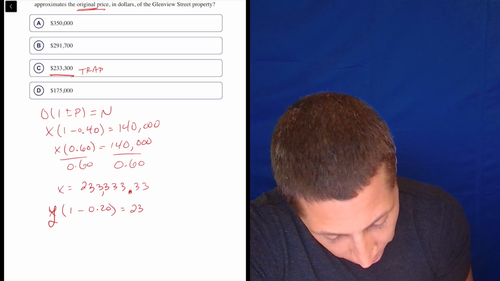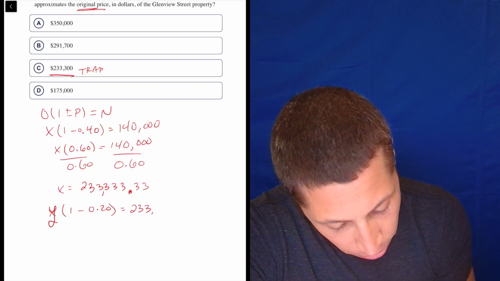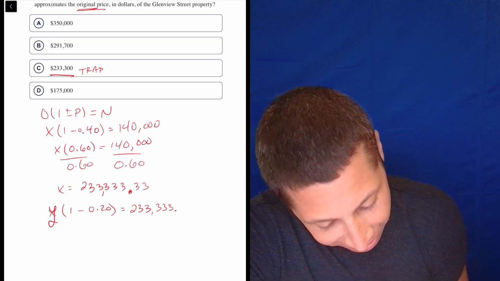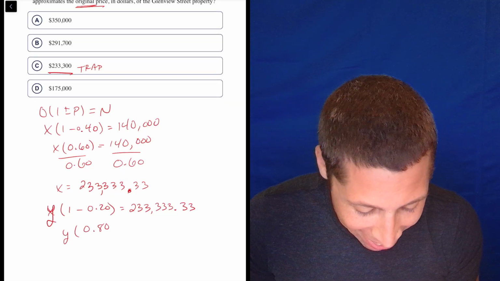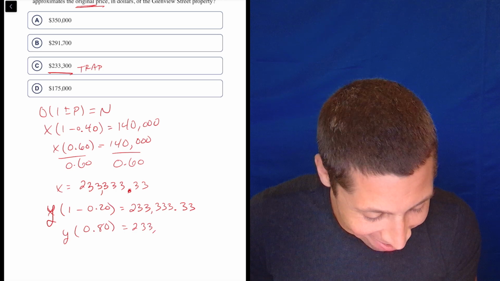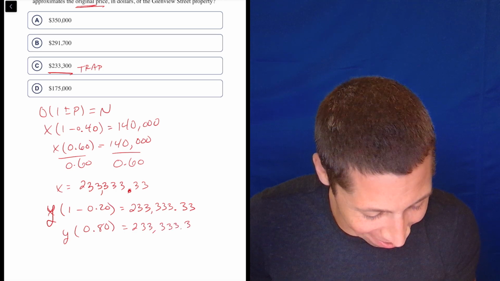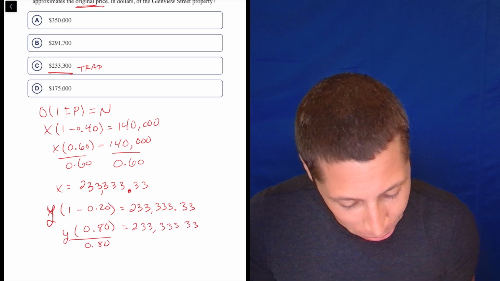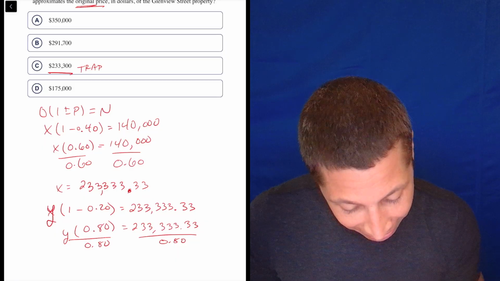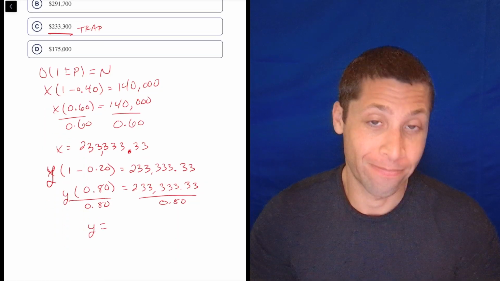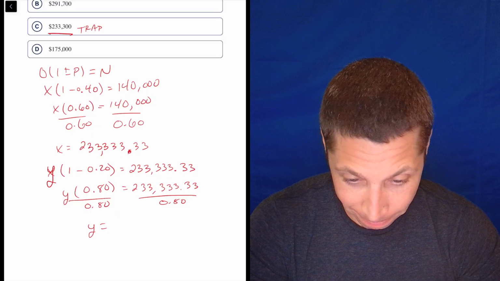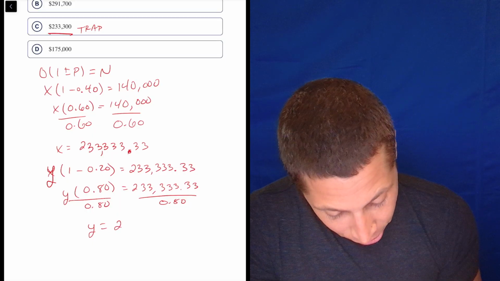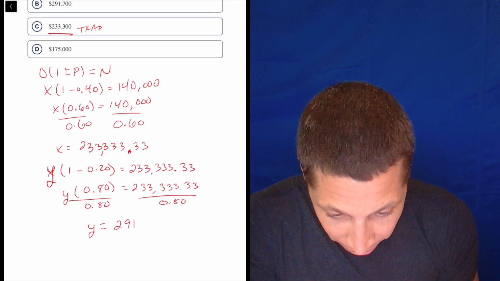Y times 0.8 is 233,333.33. I know I'm including more threes than I really need to get this right, but I'm just trying to set a good example of thoroughness. So divided by 0.8 is 291. Oh God, now there's sixes.